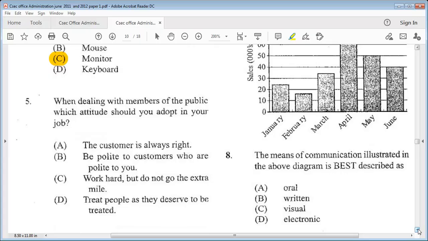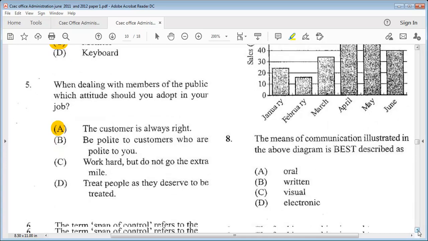Now, when we use a method of elimination, we know that it would not be B. Polite to customers who are polite to you. No. C. Work hard but do not go the extra mile. You will lose your customers. D. Treat people as they deserve to be treated. No. The answer is A. The customer is always right.